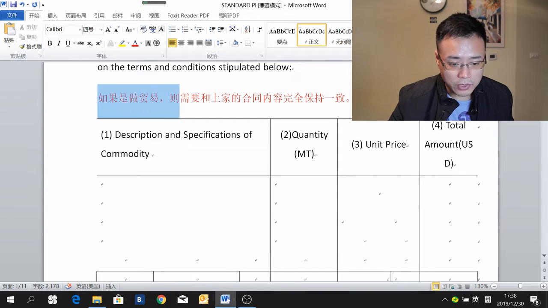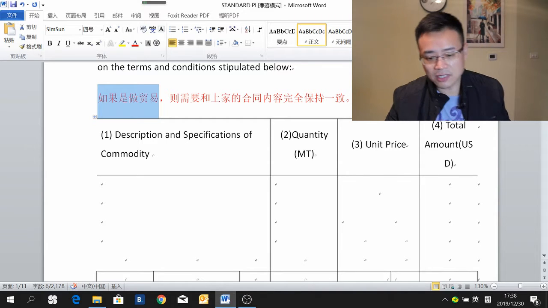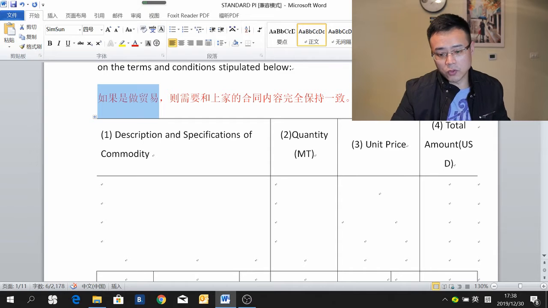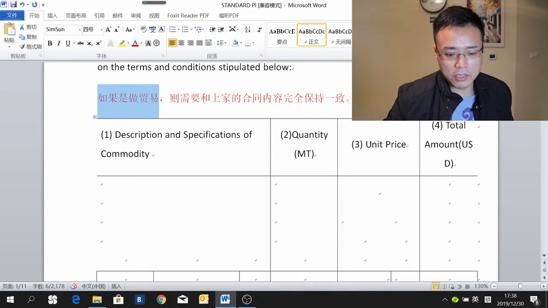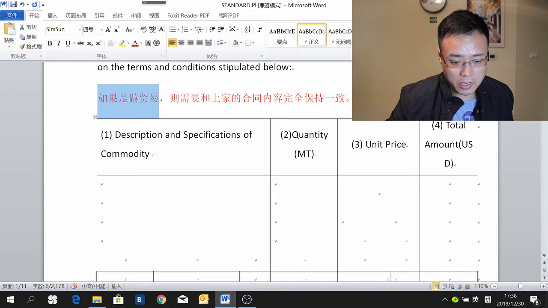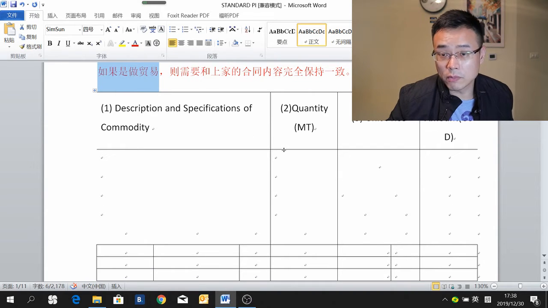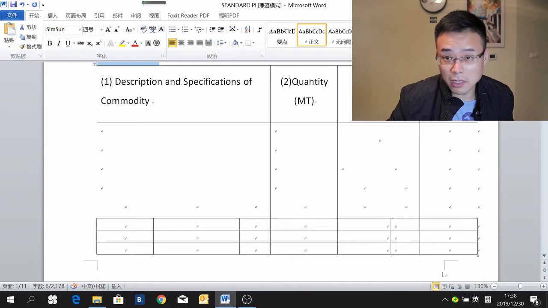Okay, if we are doing trading, we have to make sure all of these numbers 1, 2, 3, 4 are exactly the same, of course except for the price. They must be exactly the same as per your supplier, your factory, your mill. Because when we do trading, we do back-to-back LC.